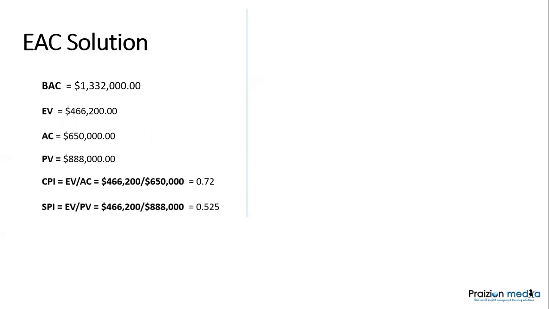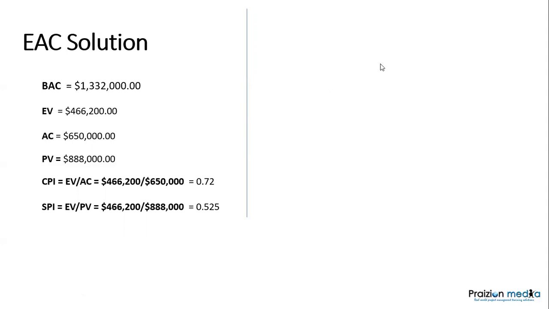We also do the same for SPI, and we get 0.525. Now, if we take these numbers and plug them into our overarching formula, we can then understand how the EAC becomes what it is.